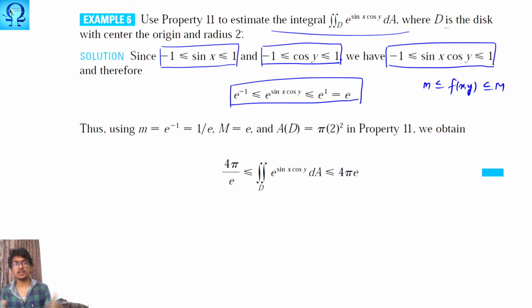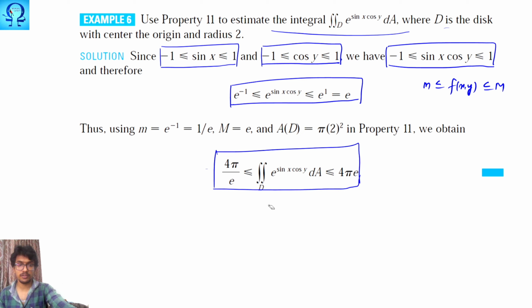So it is a circle with radius 2, so pi times 2 squared is going to be the area. So if you know the area, just multiply it with the minimum value, that is 1 upon e, and with the big M, that is e. So if you multiply this 4 pi with these two, you are going to get the estimate for this integral. With this we have come to the end of our discussion on double integrals over general regions.